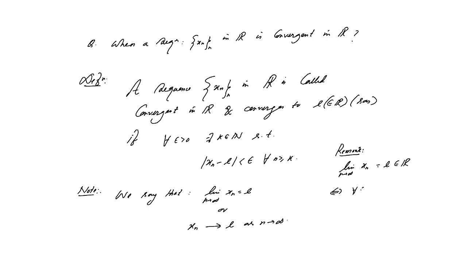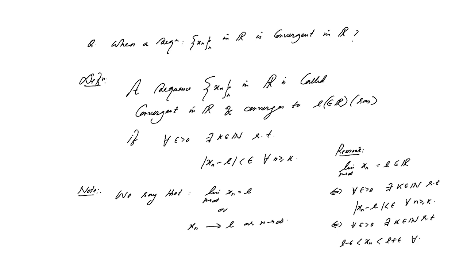The meaning is for all epsilon greater than 0, there exists natural number k belongs to n such that mod of xn minus L is less than epsilon for all n greater than or equal to k. Or we can write it as: for all epsilon greater than 0, there exists k belongs to n such that L minus epsilon is less than xn, which is less than L plus epsilon, for all n greater than or equal to k.